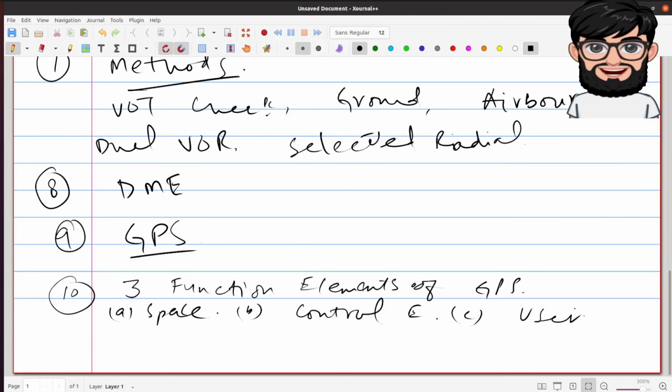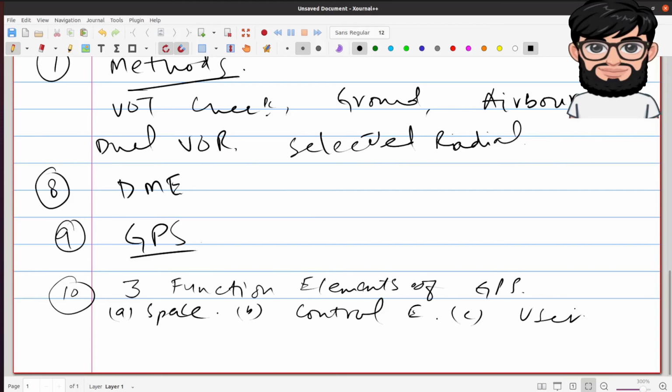The space element consists of 30 satellites. The control element consists of a network of ground-based GPS monitoring and control stations that ensure the accuracy of the satellite positions and their clocks. And the user element consists of the antennas and receiver processors onboard aircraft that provide positioning, velocity, and precise timing of the user.